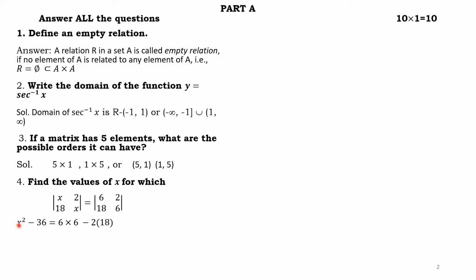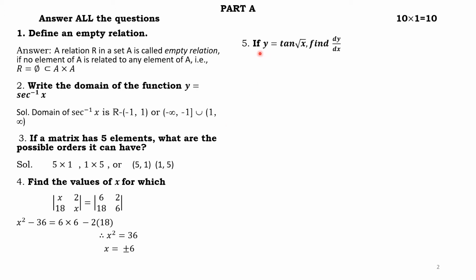That is, x square minus 36 on the left hand side equals 6 into 6 minus 2 into 18, which is 36 minus 36. Simplifying, this 36 gets cancelled, and if you take the minus 36 to the right hand side, we get x square is equal to 36, or x is equal to plus or minus 6, that is, square root of 36, which is plus or minus 6.